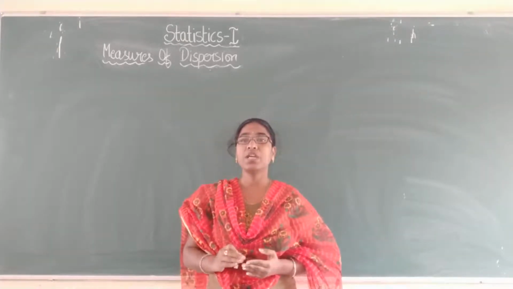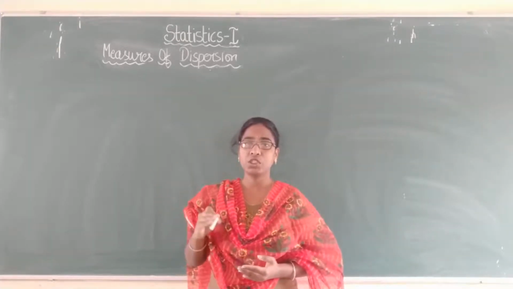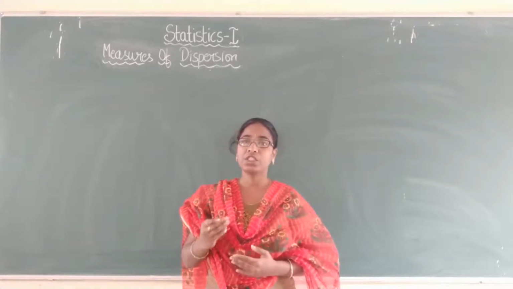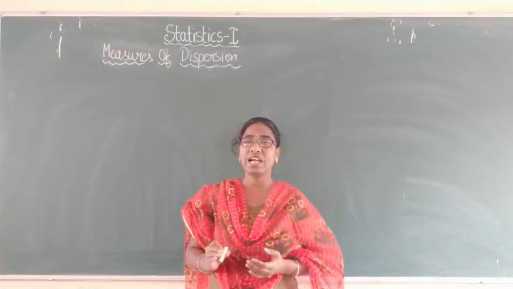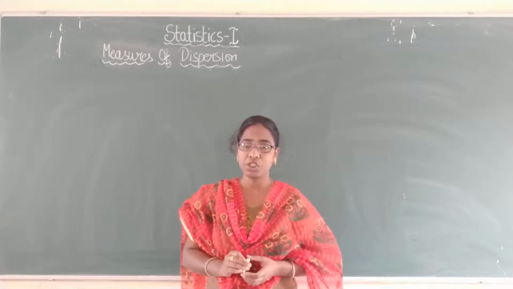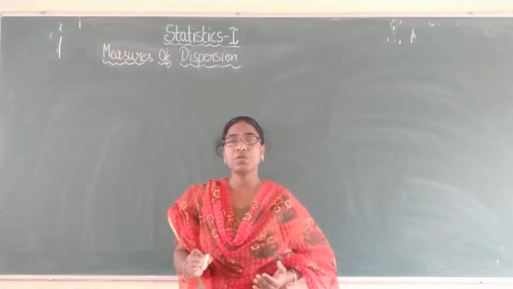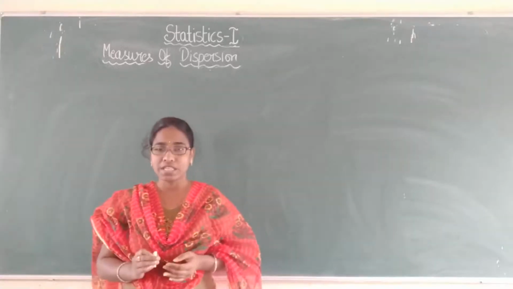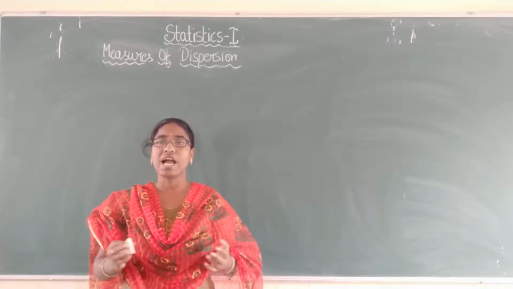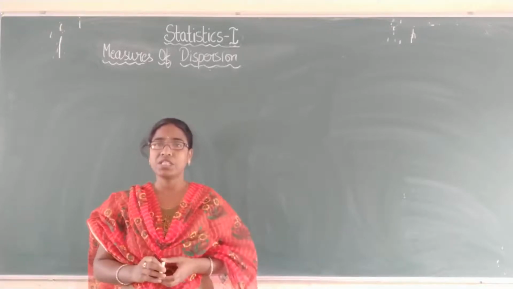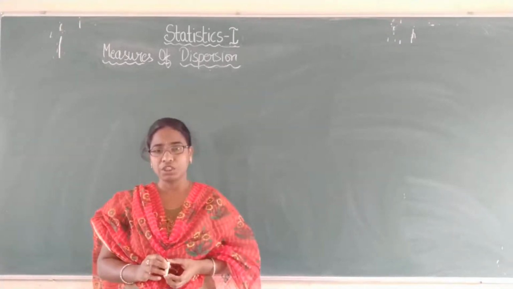So that's why we use measures of dispersion in addition to the measures of central tendency, to have a clear idea about the distribution. That means in any distribution, whether the points are very close or scattered can be known by using the measures of dispersion.